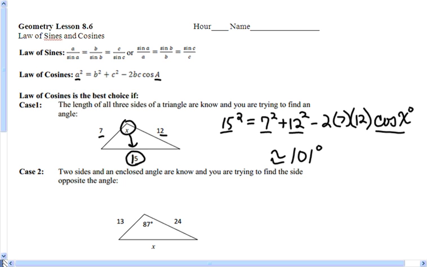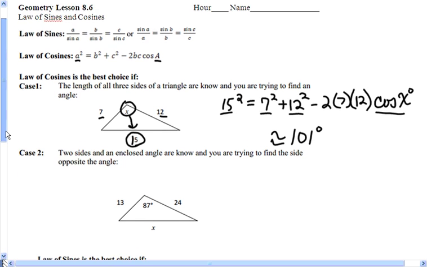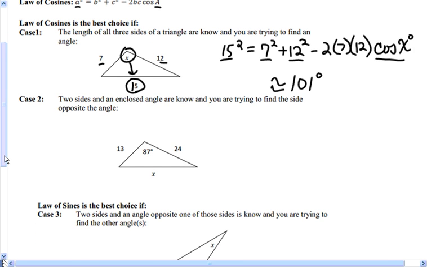Okay, in case 2, you're going to use the law of cosines again, if 2 sides and an enclosed angle are known, and you're trying to find the side opposite the angle. So these 2 relate, the 87 degrees and the x there. And in this case, we have a side which is x squared.